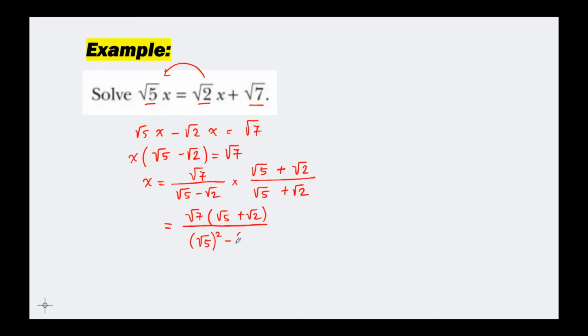That means we're going to square each of the terms. So your x will be square root of 7 times square root of 5, which is square root of 35, plus square root of 14, divided by square root of 5 squared, which is 5, minus 2, and that gives us a positive 3.